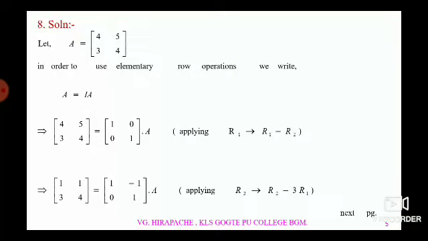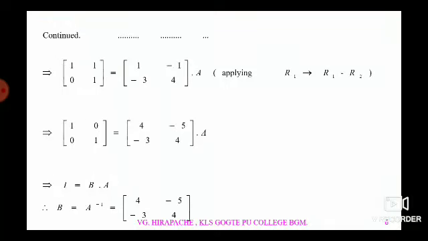Therefore R2 is 3 minus 3 times 1, so the second row first element is 0. R2 is 4 minus 3 times the corresponding element of the first row, which is 1. Therefore 4 minus 3 is 1. The same operation we perform on the right hand side. We get a matrix containing in the first row 1 1, 0 1, is equal to the right hand side elements 1 minus 1, minus 3 4, into matrix A.